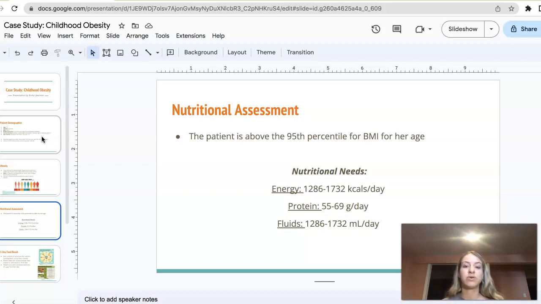So that came up to about 1,286 to 1,732 kcals per day for her energy, with protein from 55 to 69 grams per day, and fluids matching her energy of 1,286 to 1,732 milliliters per day. And this is based off, of course, of her weight and then the maintenance of the energy, protein, and fluids that were calculated.